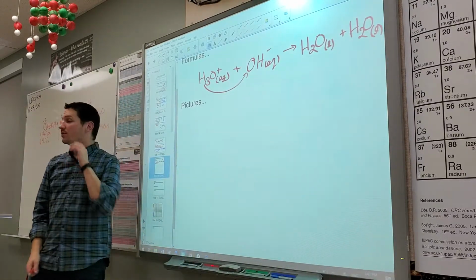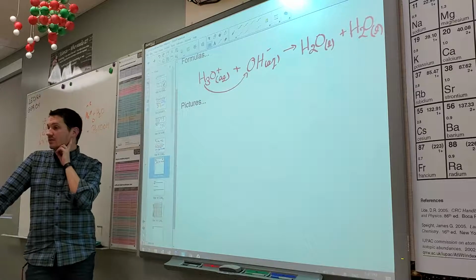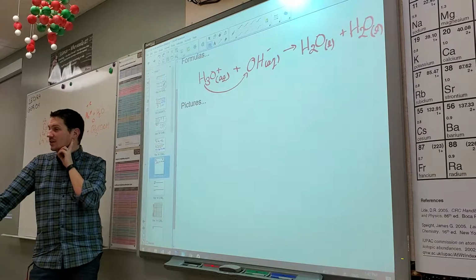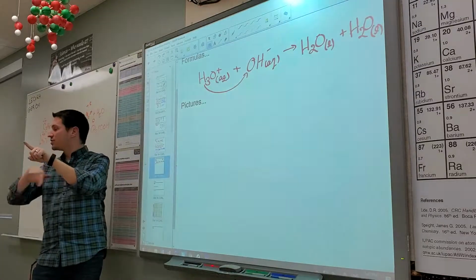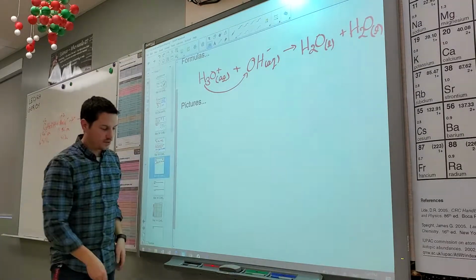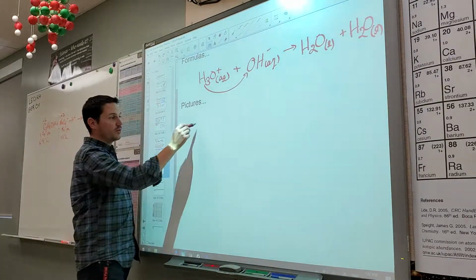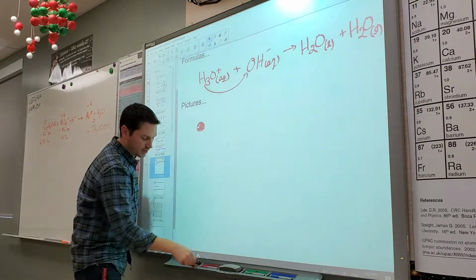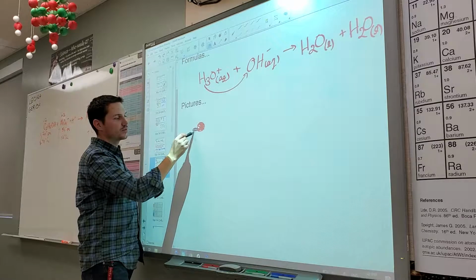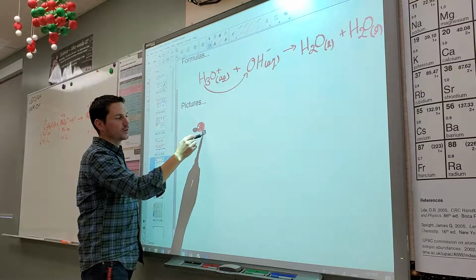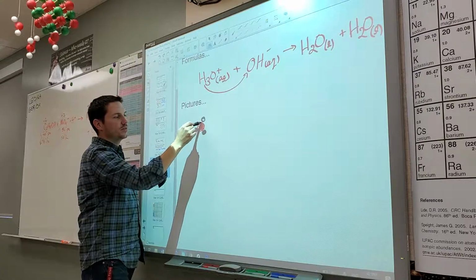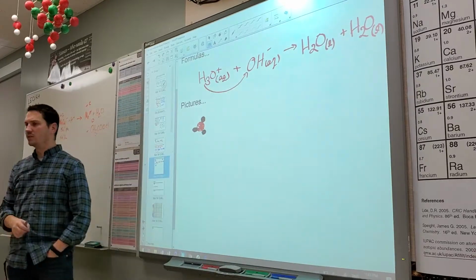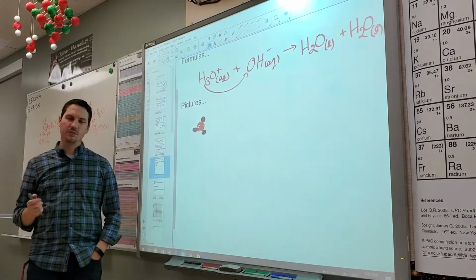What does hydronium look like to you? What do you think it's going to look like? How many H's and how many O's? 3 H's surrounding 1 O, right? So I'm going to draw 3 H's. I'm just using, if anybody knows their models of the atom, the Dalton, the billiard ball model of the atom, I'm just showing them as balls, right?